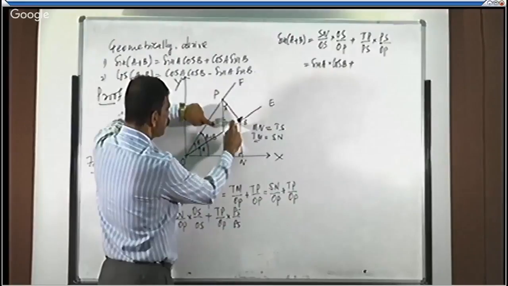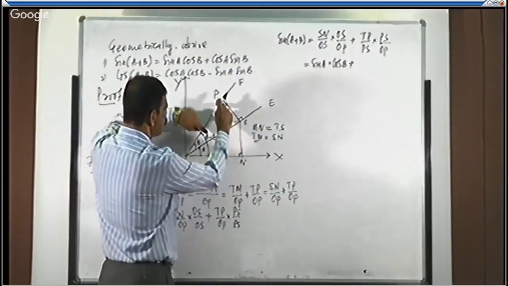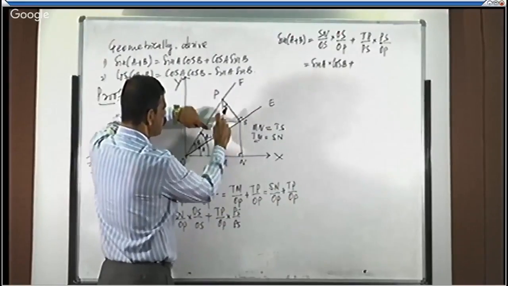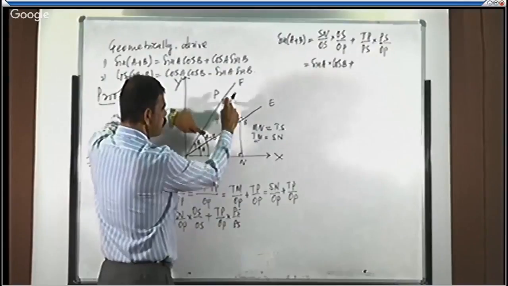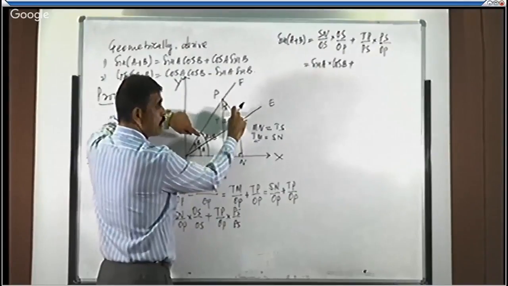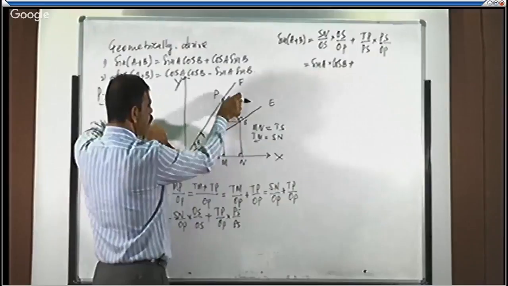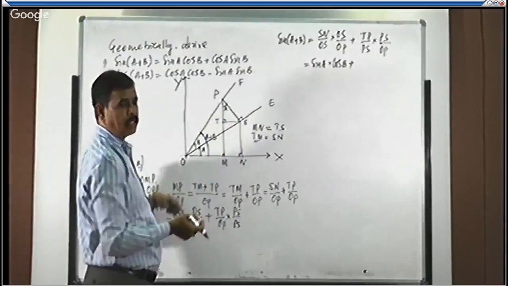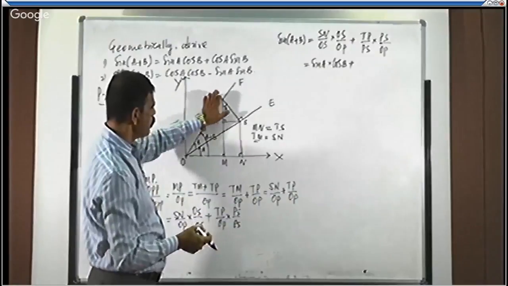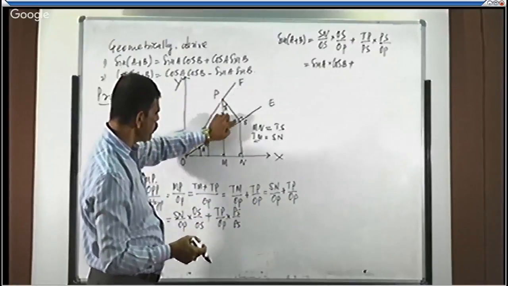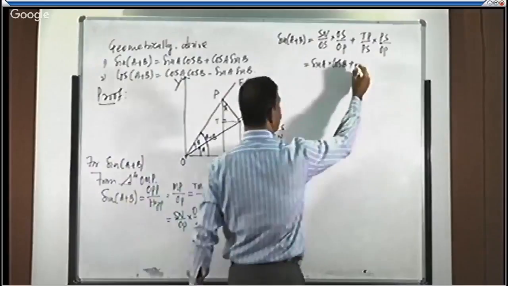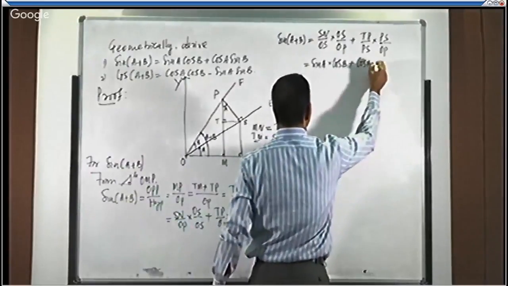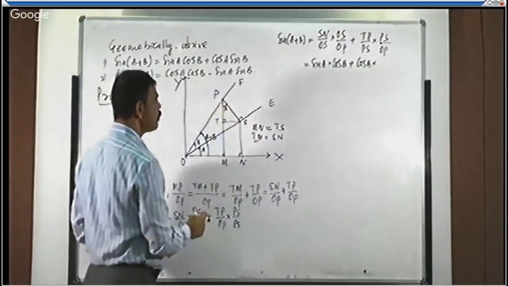In this right angle triangle, this will be called as what? Adjacent side. This will be called the hypotenuse side. Adjacent side divided by hypotenuse side of angle A will be called cos of angle. Adjacent side divided by hypotenuse side of this right angle triangle is known as cos A, into PS divided by OP.